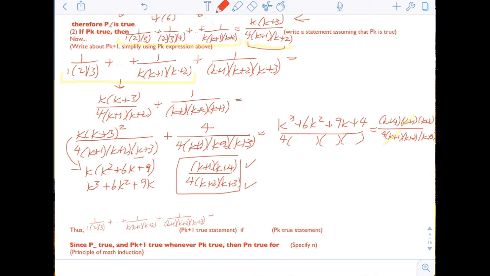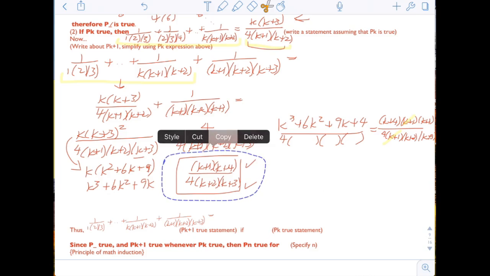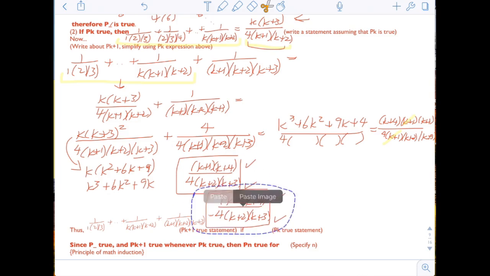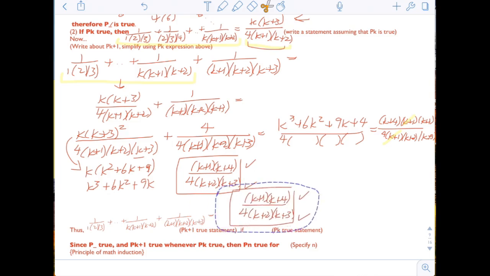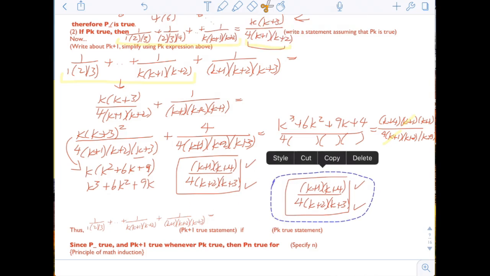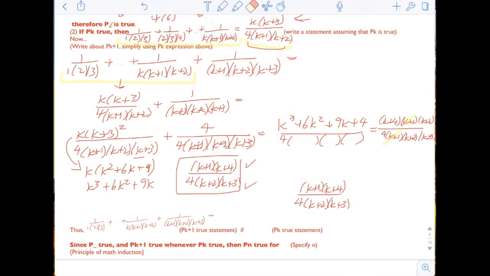Okay, and so this is equal to this. Let's get rid of some extra lines here.